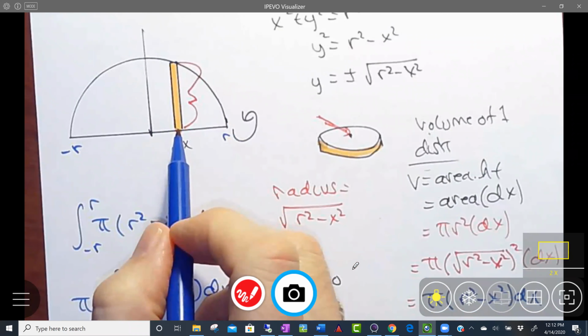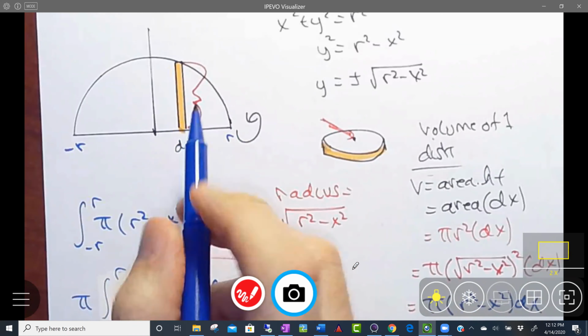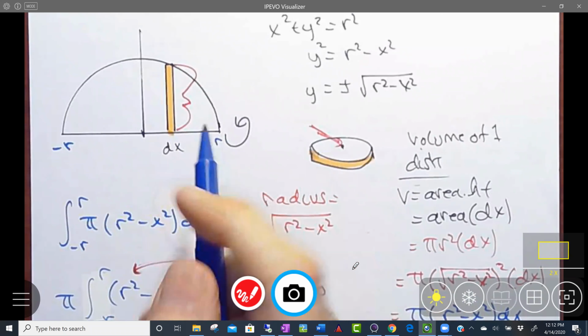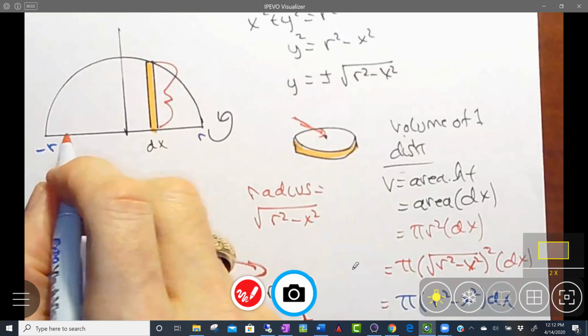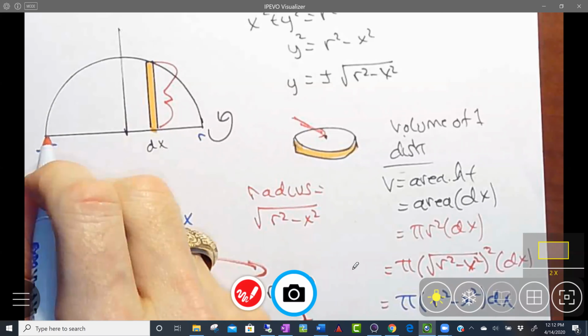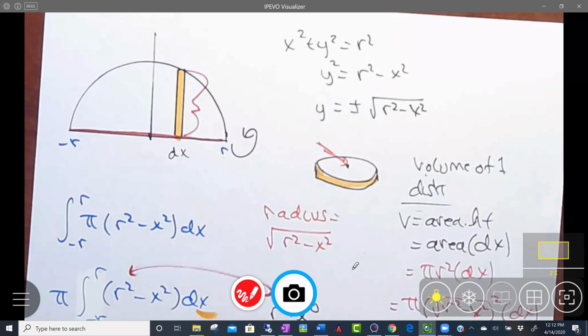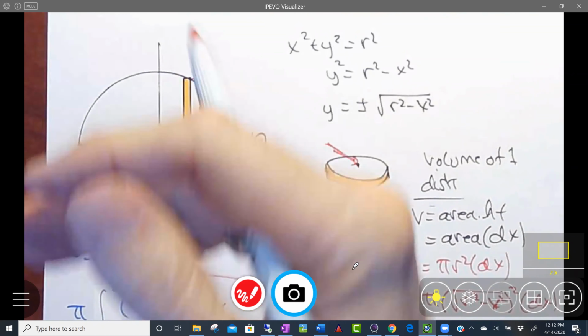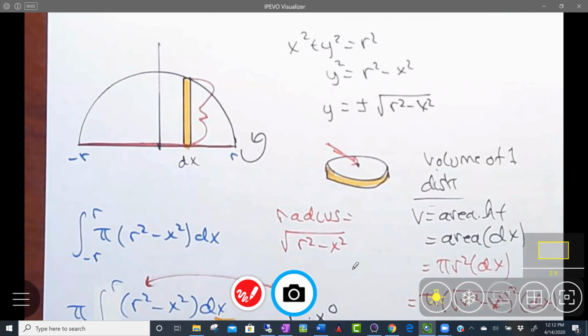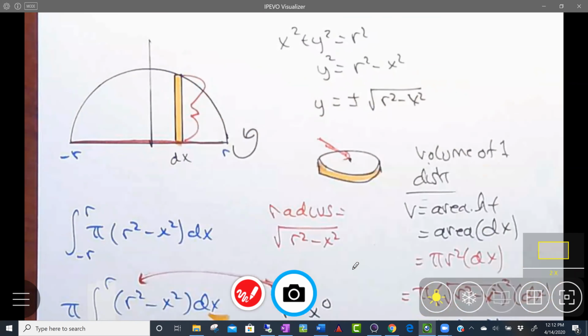Now, you're going to see two different things as you work through section 6.2. You're going to see some figures where this is flush with your axis of rotation. That is, there's no gap between the axis of rotation and the figure.